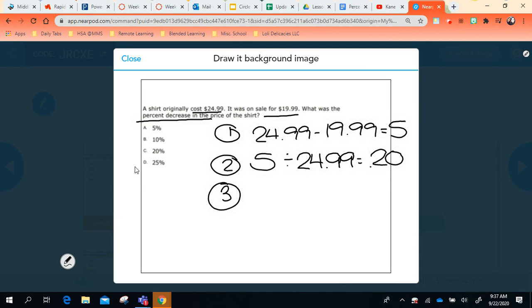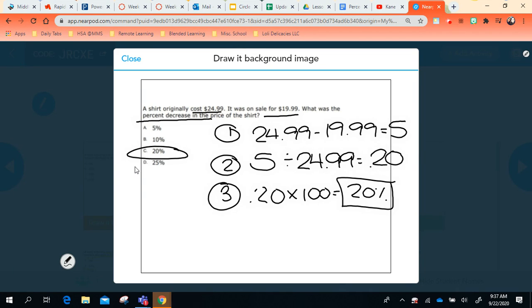Okay, so Ruby, what did I do for my last step? Good. I multiplied by 100, which gave me 20%. Make sure when you get this that you're putting that percent sign at the end, and then make sure to circle it.